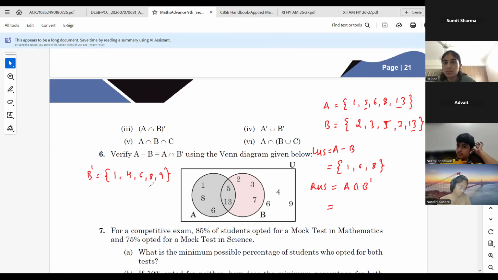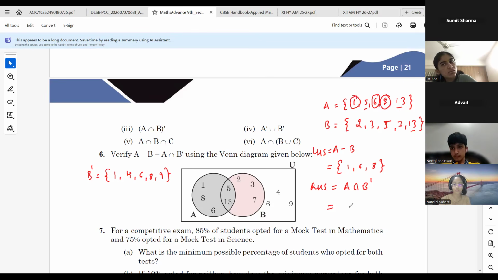So now we have to do the intersection of A and B complement. So A is this one. We have to find all the common elements. So 6 is there. 6 is the common part. 8 is the common part. And 1 is also the common one.